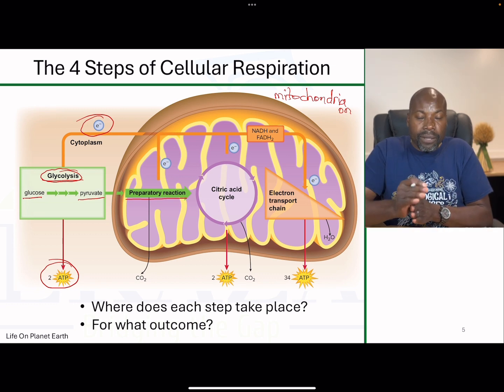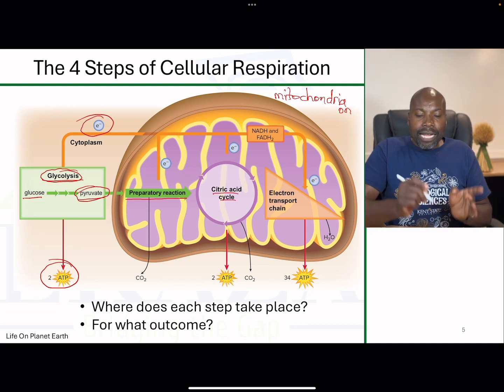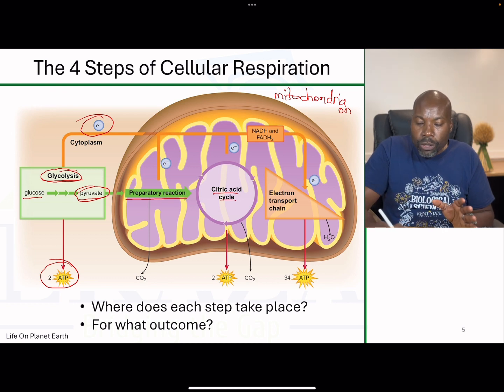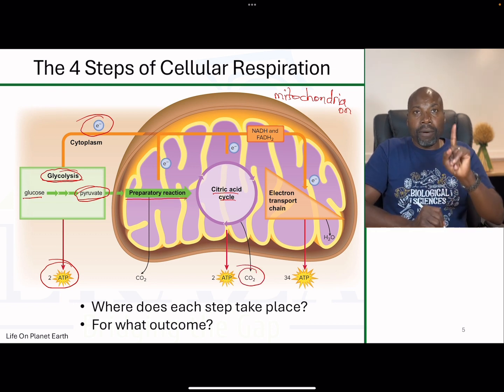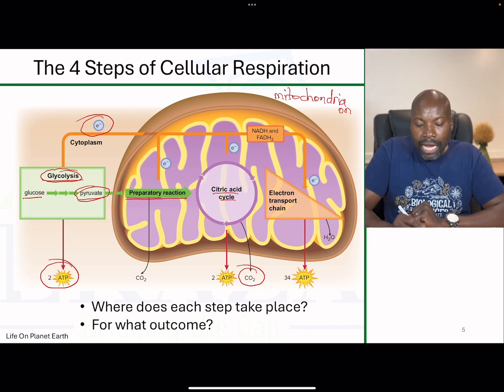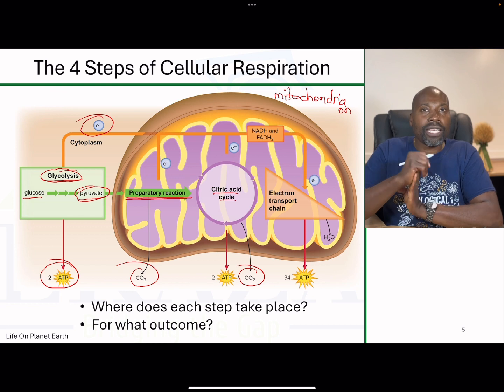That transition step actually prepares the end product of glycolysis to enter the citric acid cycle. That citric acid cycle is a process during which much of the remainder of glucose is going to be lost as carbon dioxide. Now, I need to also mention that during the preparatory step, you have the release of a carbon dioxide here.